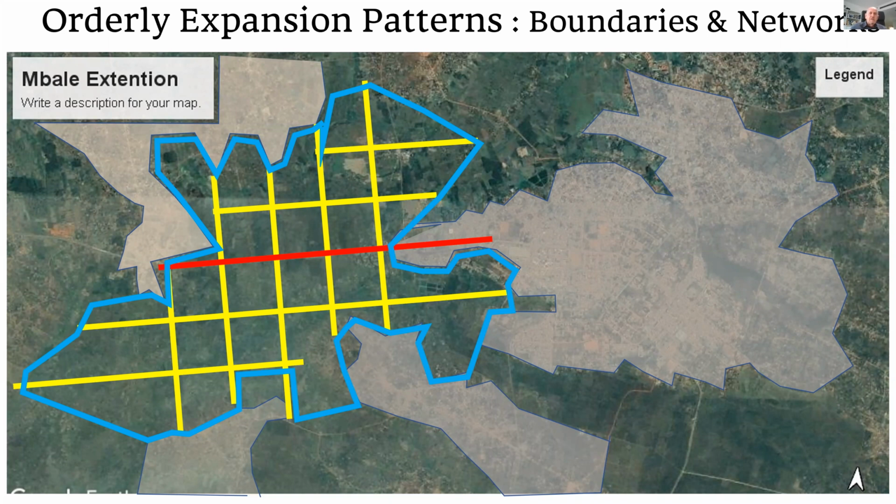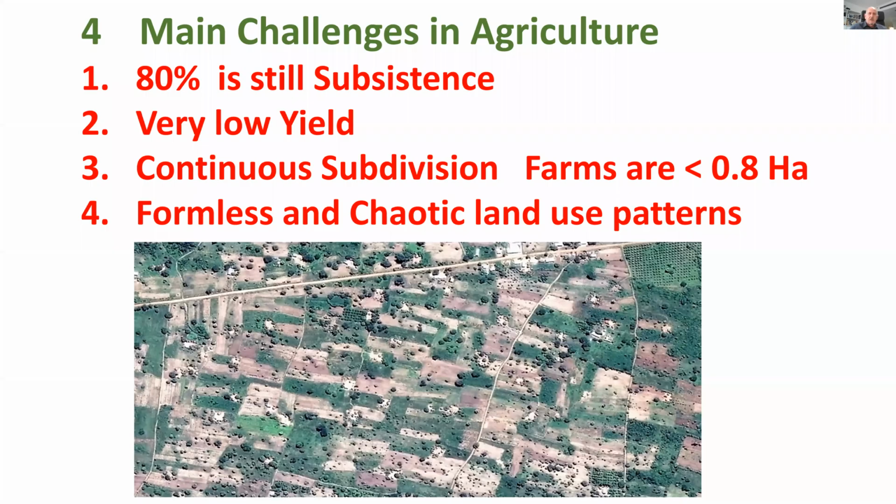Now, the same thing is, of course, not only in urbanization, it's also in agriculture, because of the main challenges in agriculture. First of all, 80% is still subsistence. The yield is very, very low. The continuous subdivision brings a situation in which farms are less than 0.8 hectares on average, which is very, very low.